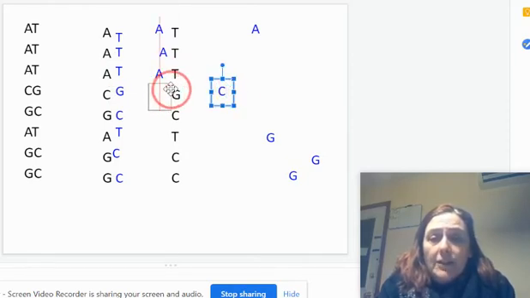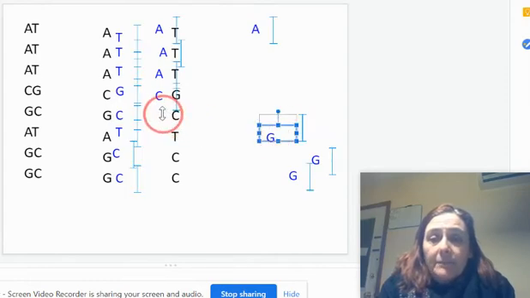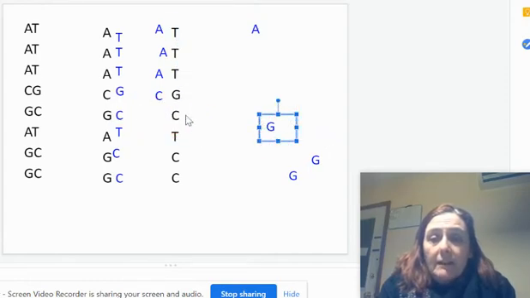And if we continue matching C's to G's and T's to A's, will that fit? No, I picked up the wrong one. What's going to match with that C? We need a G. It doesn't want to go. Let's give that another shot.